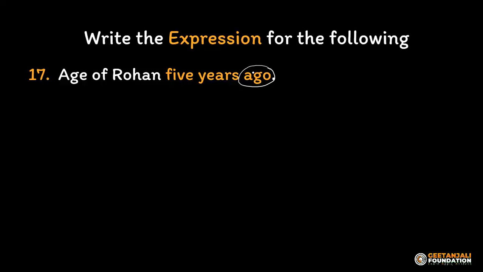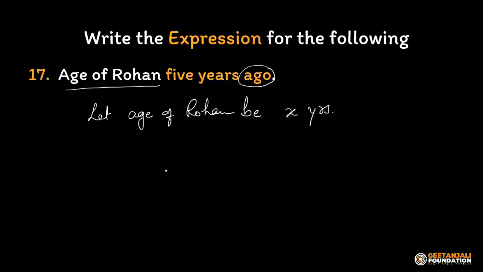In the same way, for the age of Rohan, now you don't know his age. So let's consider, let the present age of Rohan be x years. His age you have to find 5 years ago.